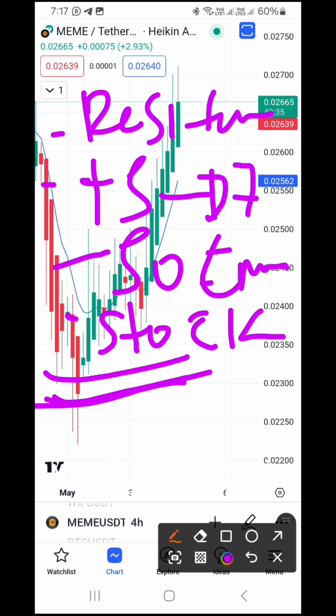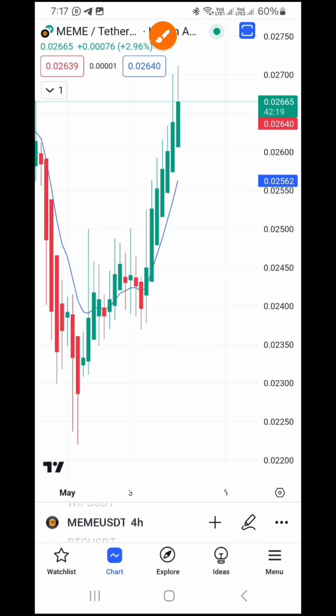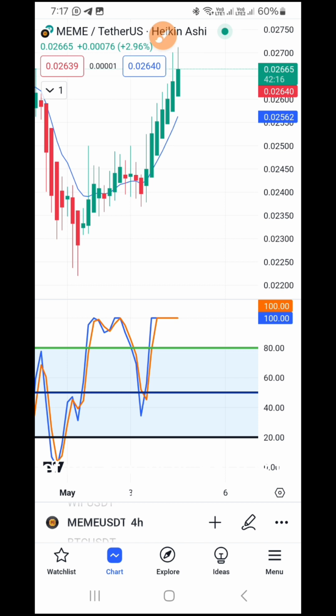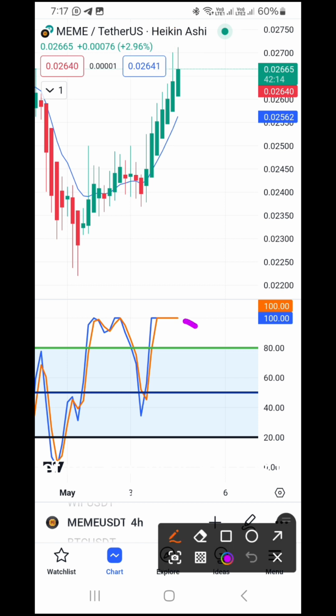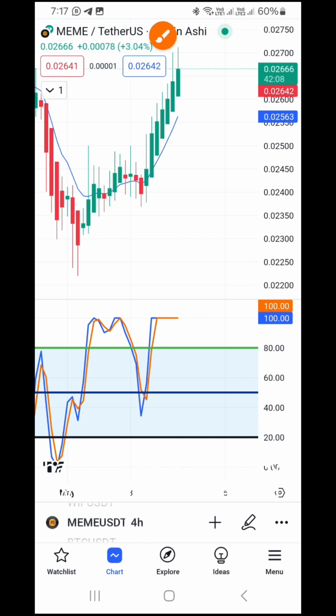After meeting these conditions, you've already got the resistance level marked multiple times, the coin is around plus 5 or plus 7, and the 50 EMA is below your green candlestick, then we go to stochastic RSI. The stochastic RSI has 3 areas.